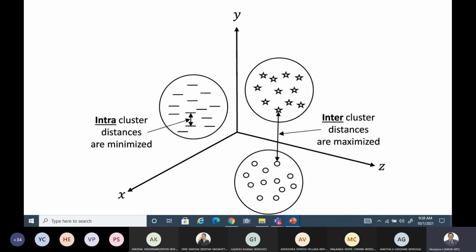Okay. I was just saying now, especially in a different cluster problem, all these algorithms of grouping, where this is the inter-cluster distance we are talking about, and this is the intra-cluster distance.